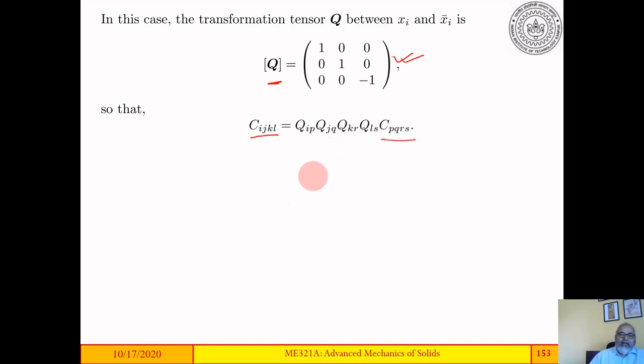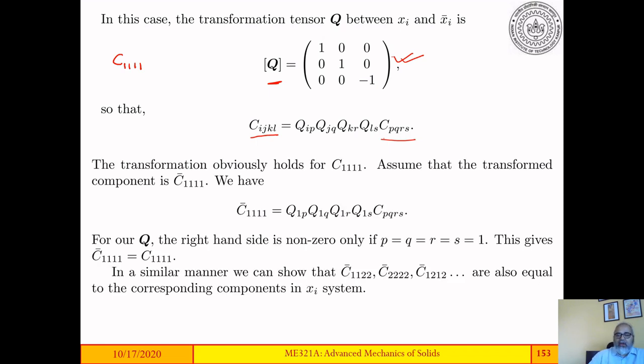Now let us look at, say, one case. Let us look at C1111 in the old system, that is the x1, x2, x3 system, and how it converts in the new system. So if you do it for 1111, C bar 1111 will be Q1P, Q1Q, Q1R, Q1S, and CPQRS.